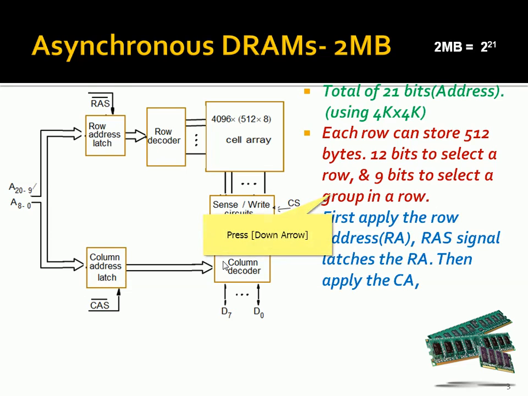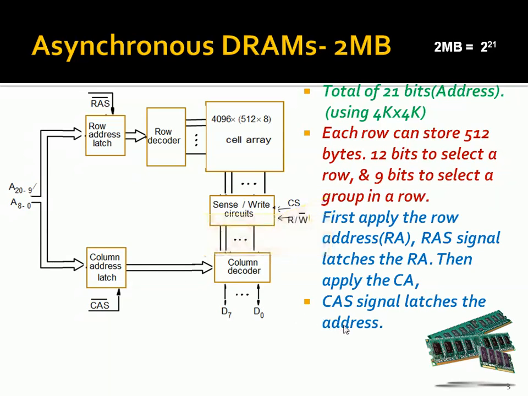First the row address is applied, goes to the decoder and reaches the memory, and the row address strobe latches the address. Then the column address is applied, and the column address strobe, which is active low, latches it.